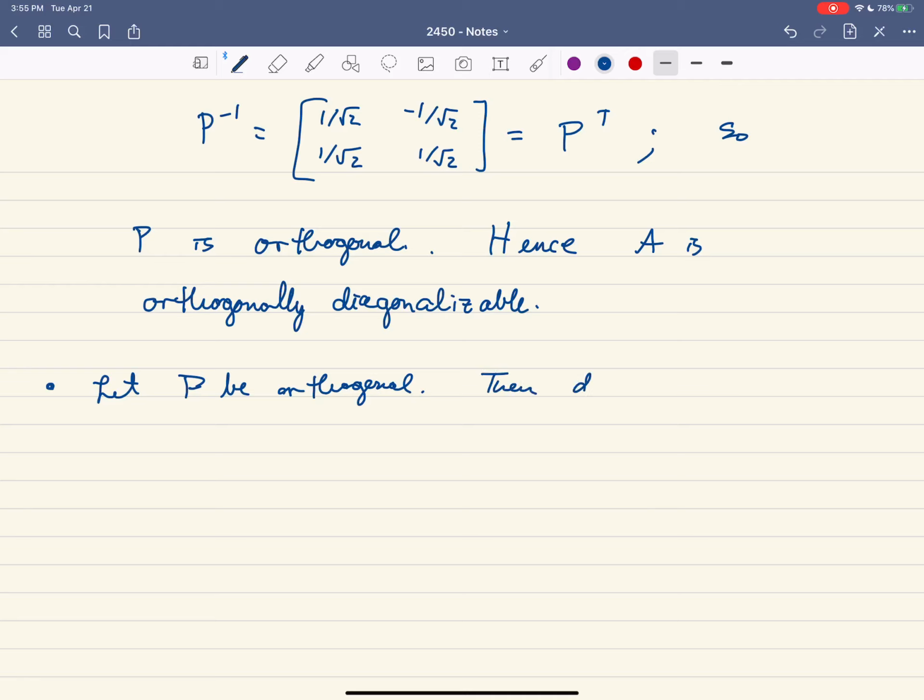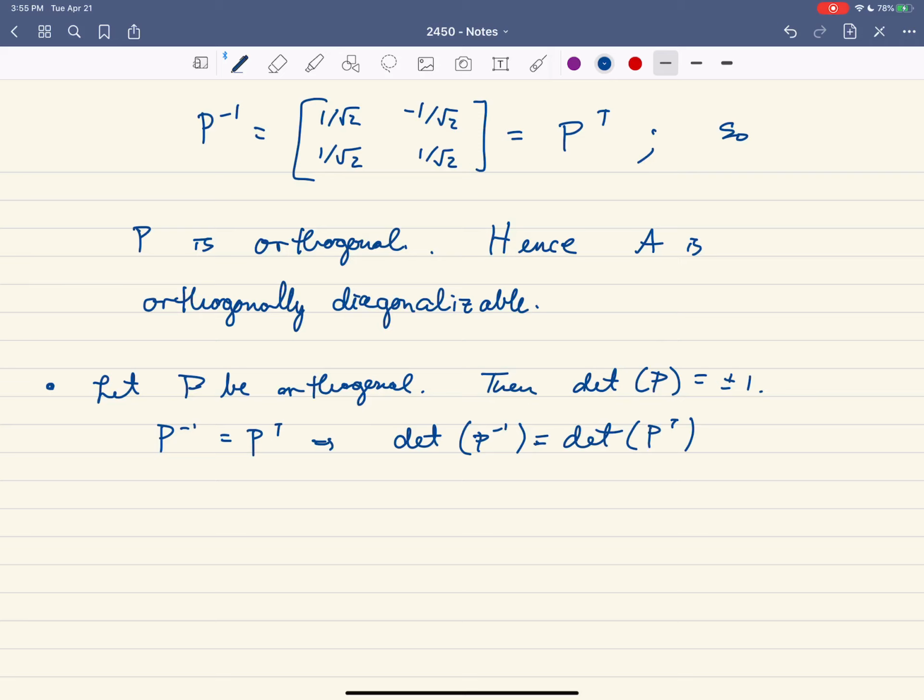Then it turns out that the determinant of P has to be plus or minus 1. And the reason is pretty straightforward. If P inverse is equal to P transpose, then take a determinant of both sides. So the determinant of P inverse is equal to the determinant of P transpose because they're the same matrix.